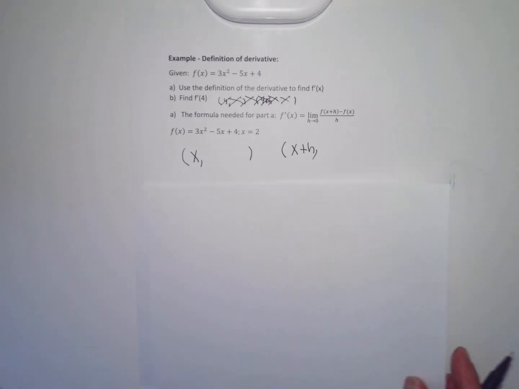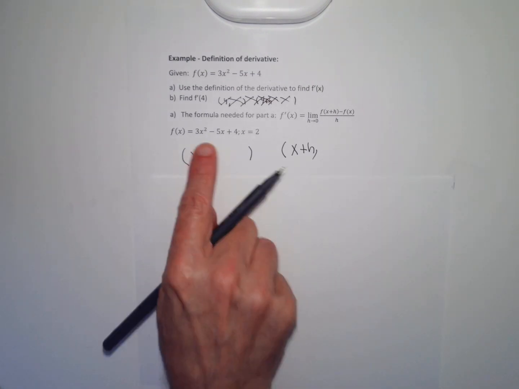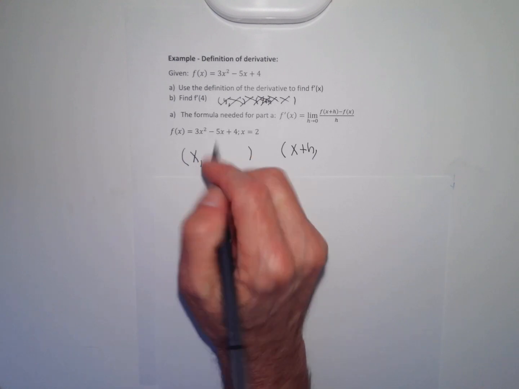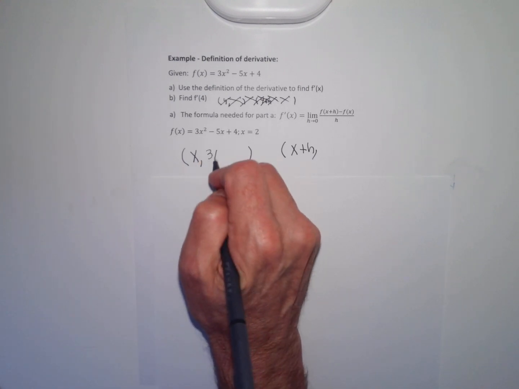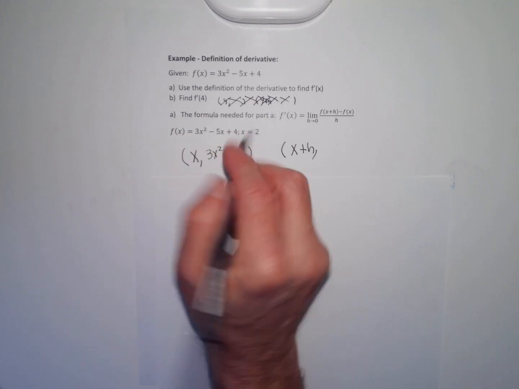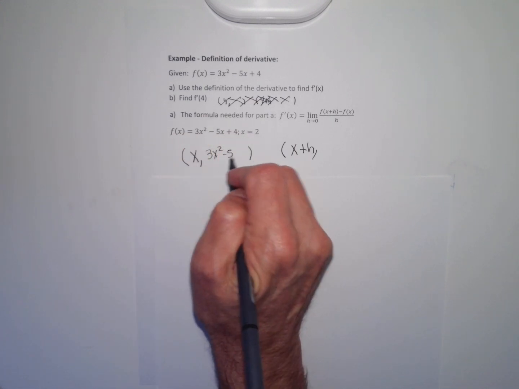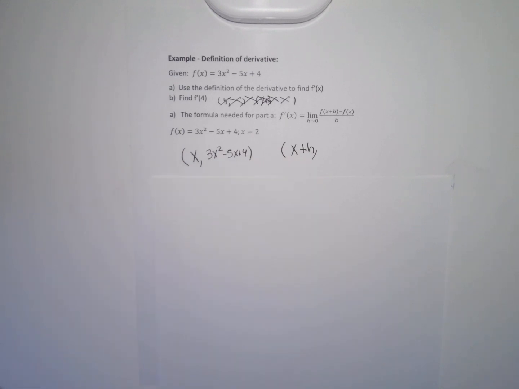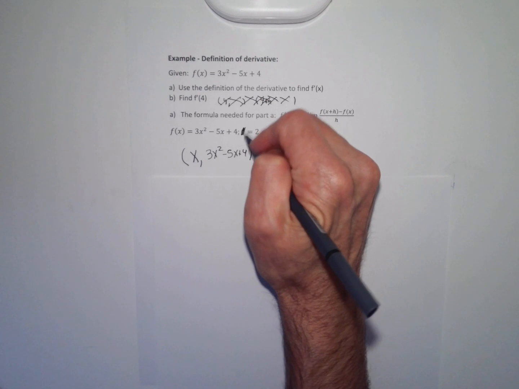Let me get each of the y's. Well, the first y is a no-brainer. The first y is just 3x squared minus 5x plus 4. That's given. So the first point, the x is this x, the y is this 3x squared minus 5x plus 4. That random x equal to 2, that shouldn't be there.